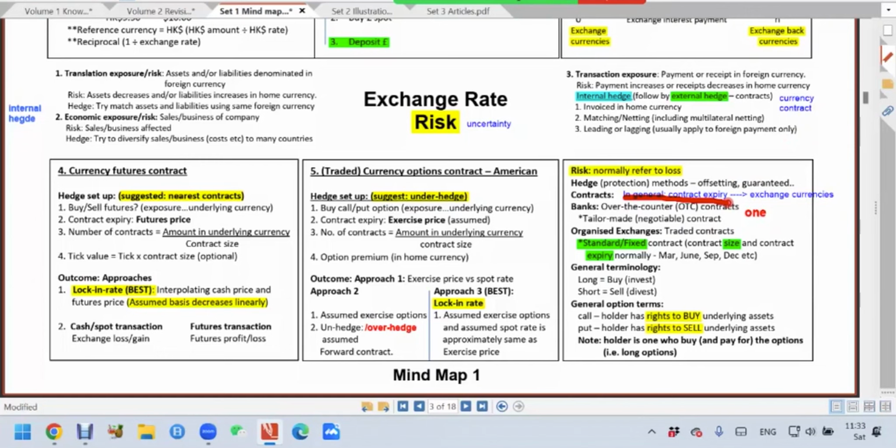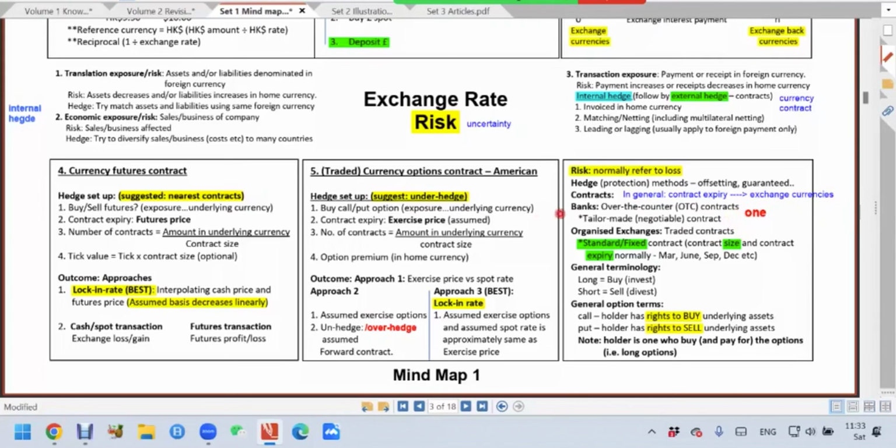You may sign for 1 year, you may sign for 2 years, the contract will have expiry. When the contract expires, there will be exchange of currency, whether it is over the counter or traded contracts. So we will go through the bank's contract first.